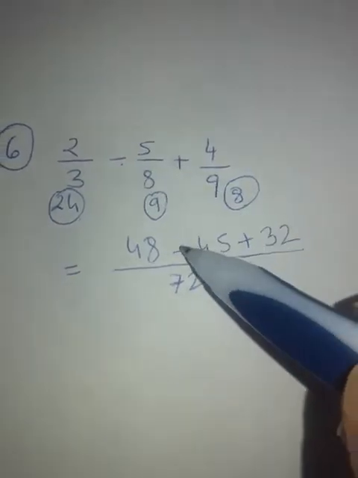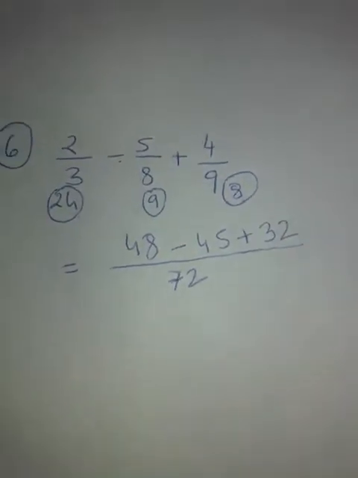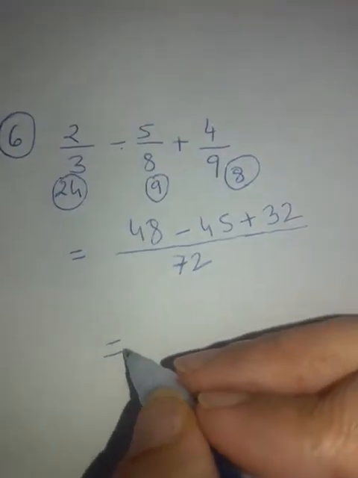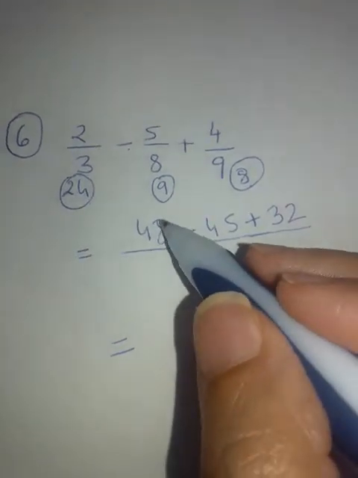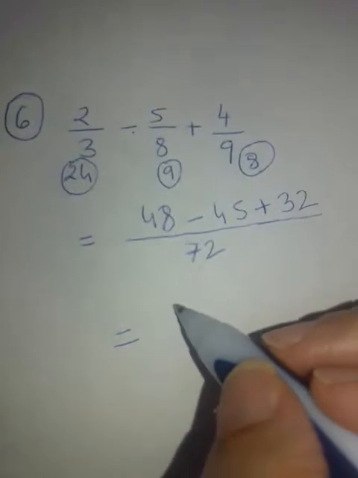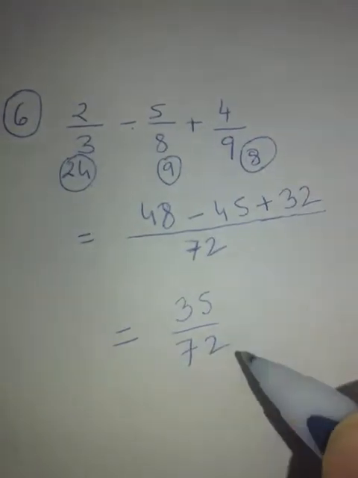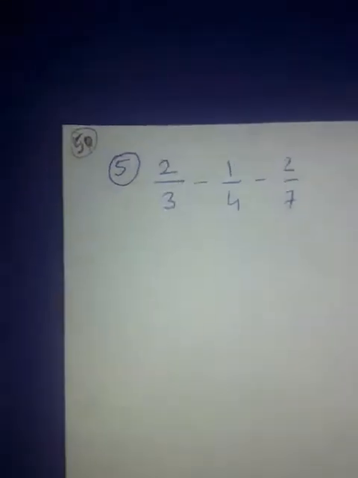Note these signs carefully. Minus minus, plus plus. Don't interchange, otherwise you will get the wrong answer. 48 minus 45, this is 3 plus 32, that is 35 upon 72.